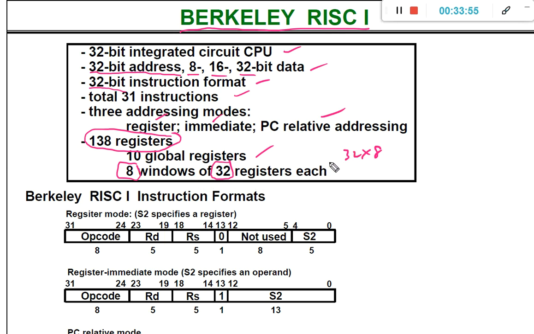Each particular window is going to share some of the registers, some common registers, so we need to calculate using the previous formula how these 138 registers will be shared.